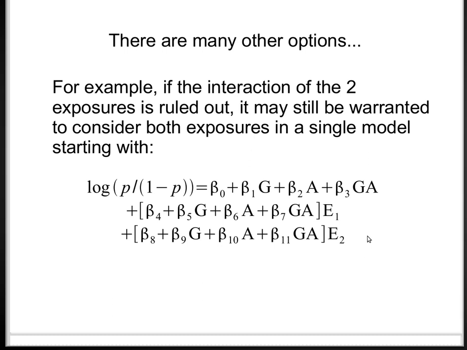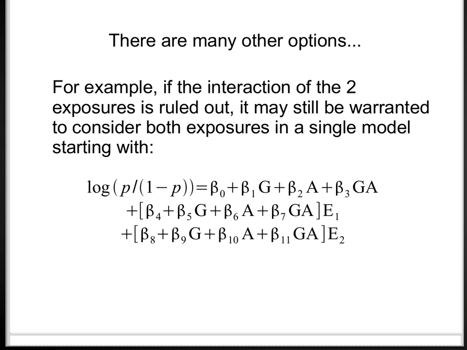And like we've seen before, we are maybe going to be wondering about whether or not we could have analyzed the two disease exposure relationships separately. In other words, having a model just for exposure 1 and then another model just for exposure 2.